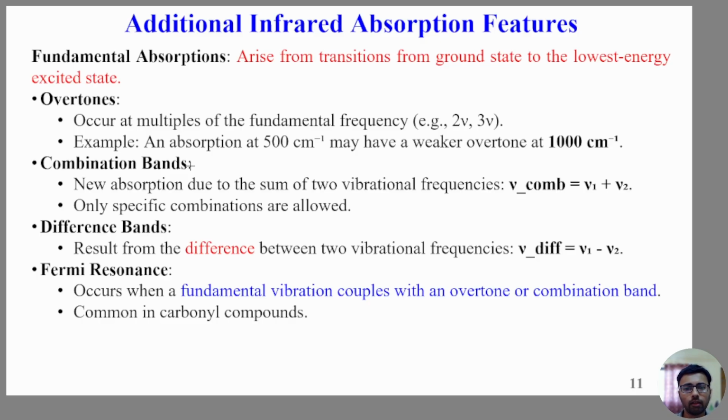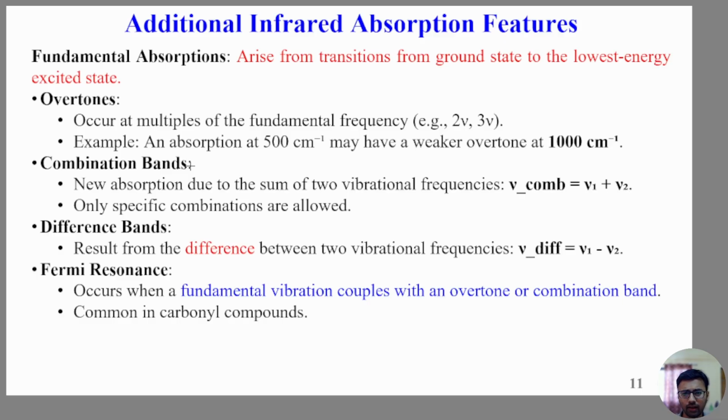For example, if a molecule has vibrations at 600 centimeter inverse and 800 centimeter inverse, a combination band may appear near 1400 centimeter inverse. However, not all combinations are allowed. Quantum mechanical selection rules determine which combinations can occur.